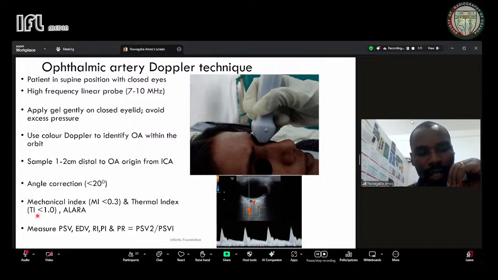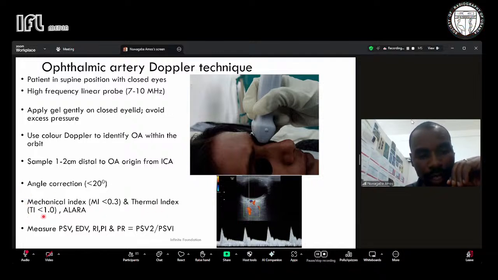And this is very important in examination of the eye, because we know the eye is composed of very delicate structures which are fluid filled, and research shows that if you perform the ophthalmic artery examination at very high mechanical index and thermal index, you risk causing complications such as cavitation. And we therefore practice ALARA, where if you can obtain a very good diagnostic image at lower MI and TI, that is okay.